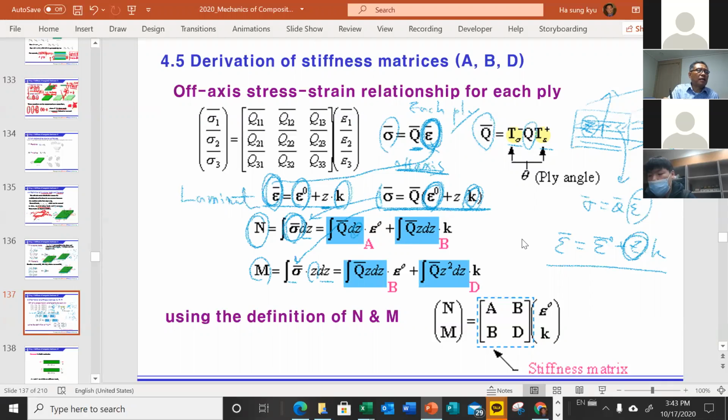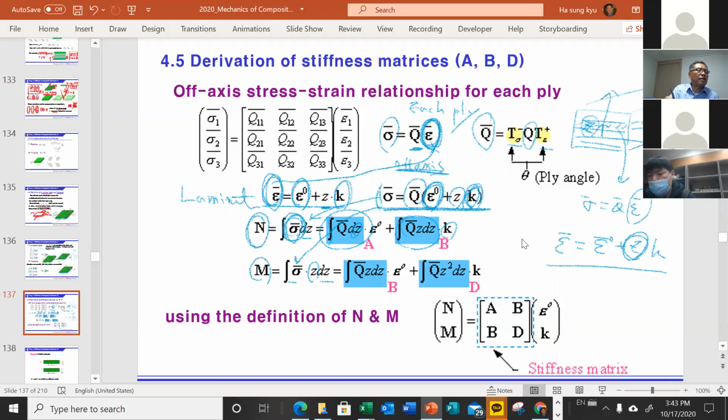Z and K have nothing to do with Z. So all that is left in the integrand is Q bar integrated over Z, and here we have a Z times Q bar, and K, again, K is independent of Z, so it can be taken out of the integration.